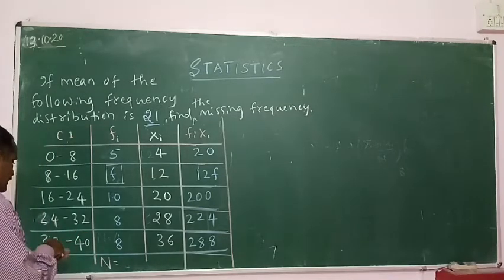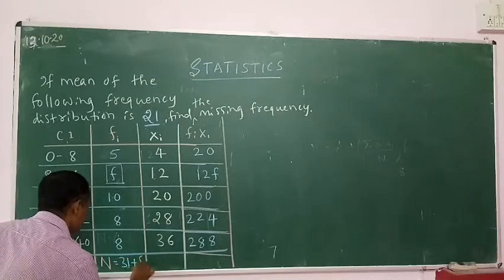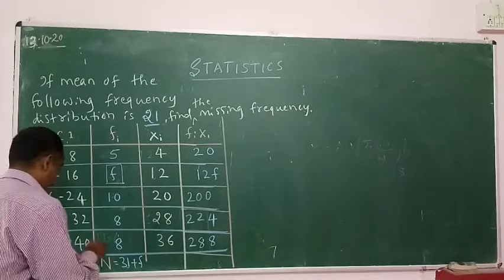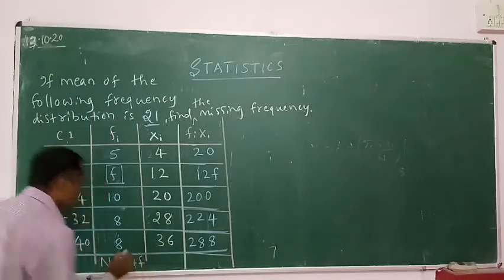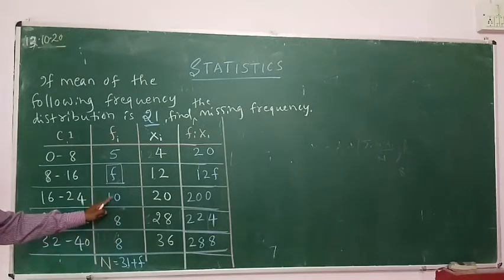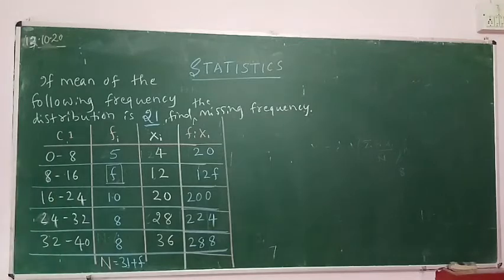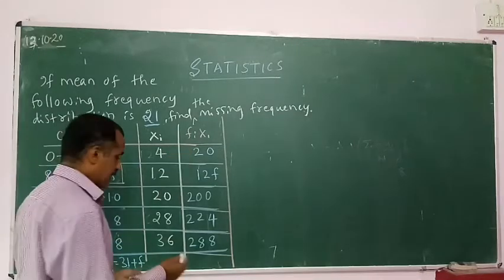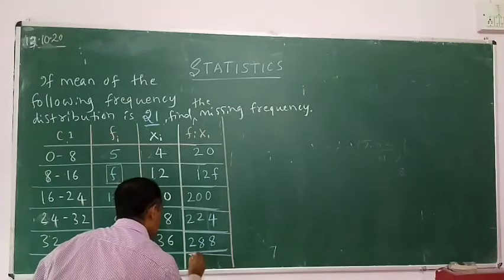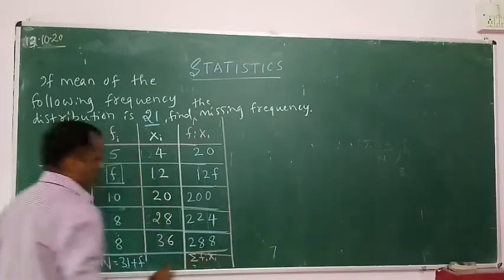I can write here 31 plus f. 31 plus f is the total frequency. Once again, 10 plus 5, 15, 31 plus f. And which is the one more column to be added? fi xi. I will write here summation fi xi.